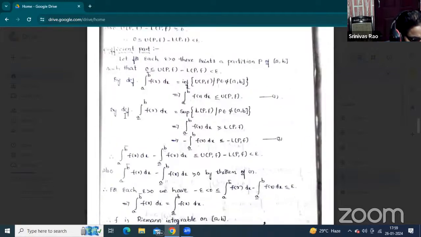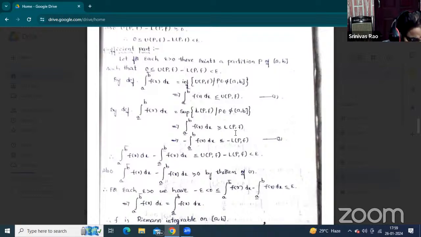In the same manner, by definition, the lower Riemann integral equals the supremum of L(P,f). When the supremum of the lower Riemann sums is taken, it is called the lower Riemann integral. Here, from the partition set, we take P as any one of the partitions. So the lower Riemann integral is always greater than or equal to the lower Riemann sum.